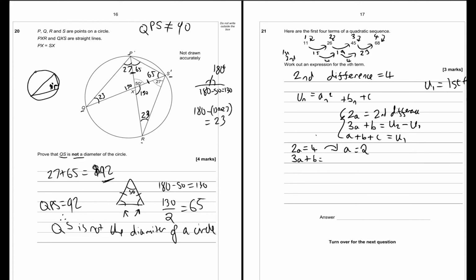So u2 is the second term minus the first term. So 26 minus 11 equals 15. So 3a plus b equals 15. But what else do we know? We know a equals 2. So we can say 3 times 2 plus b equals 15. So we know b equals 9.